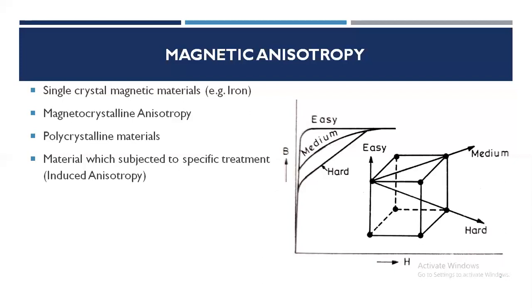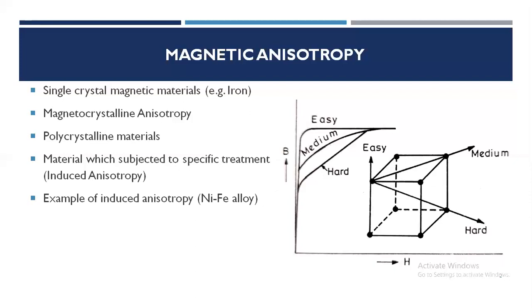The best example of induced anisotropy is nickel ferrum. Ferrum is Fe, iron; it is a Latin word. Iron is indicated with Fe and has the 26th number in the periodic table.